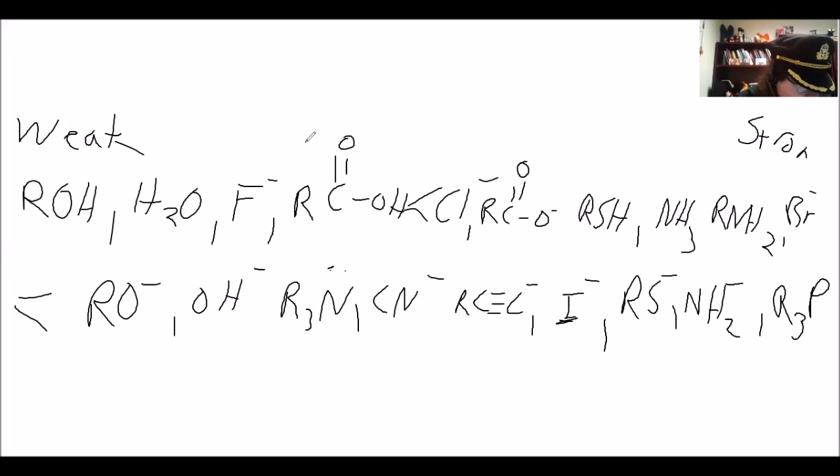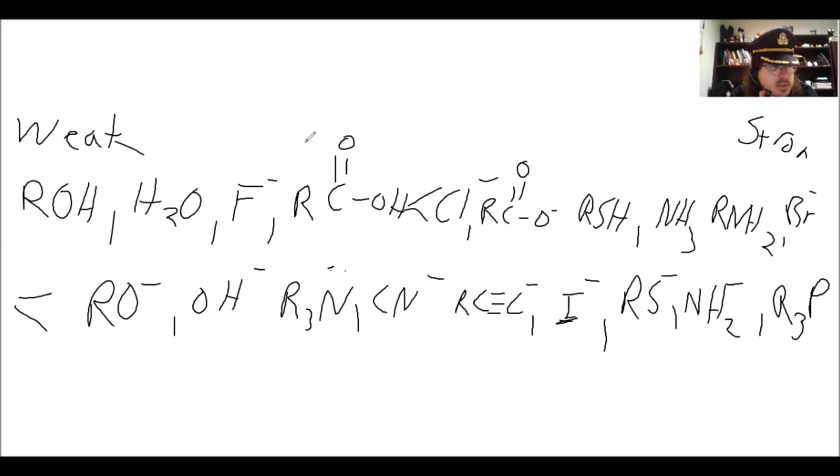So some of these are not immediately obvious, like why sulfide is better than an alcohol. That has to do with the hardness and softness. Essentially, the bigger these atoms are, the more polarizable they are. The bigger they are, the less electronegative they are. They have all these electrons that they can donate, and they're going to be willing to share.